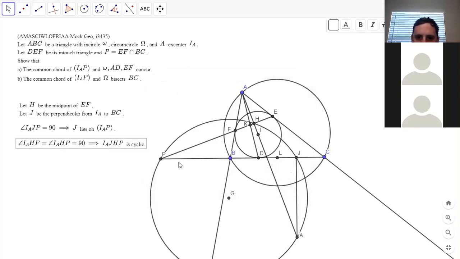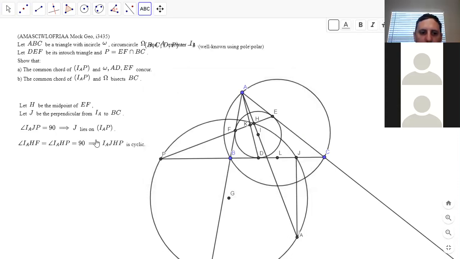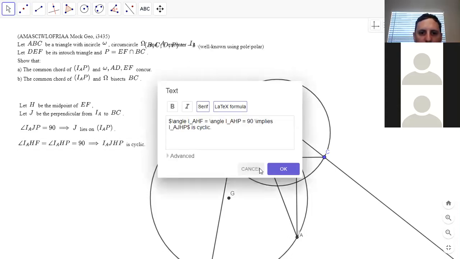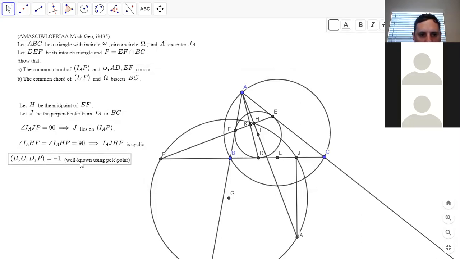Also, B, C, D, and P are in harmonic conjugation. That's well known, using pole and polar. Or actually, that's just the Dragone point. Yeah.